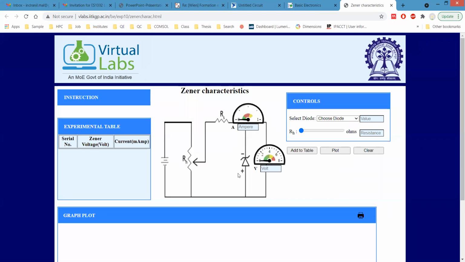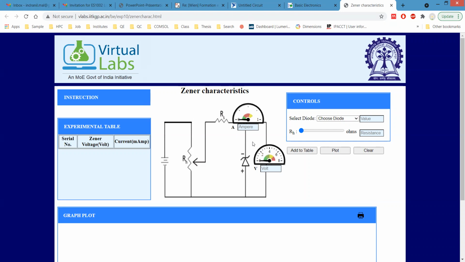As you can see, our P side is connected to the negative side of the source, means in reverse bias, and the positive one is connected to the N side. So it is in reverse bias.